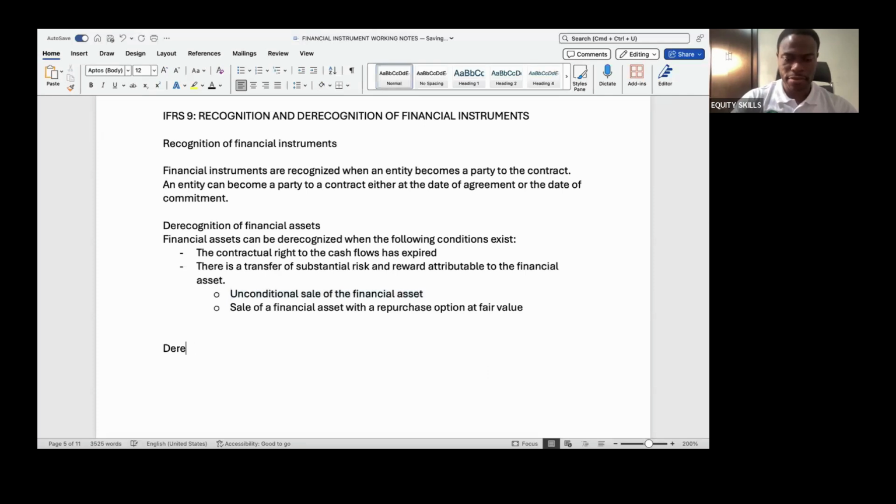Then the recognition of financial liabilities.